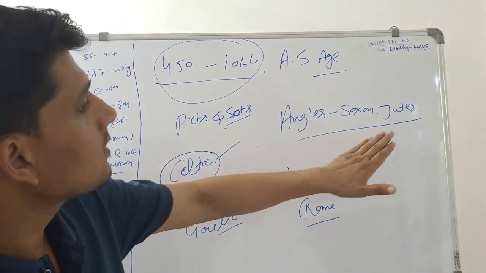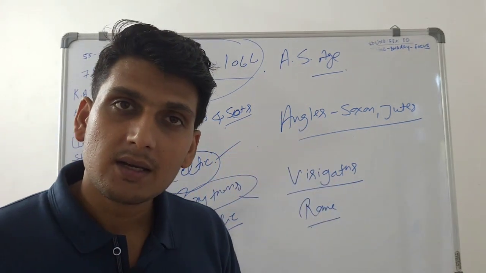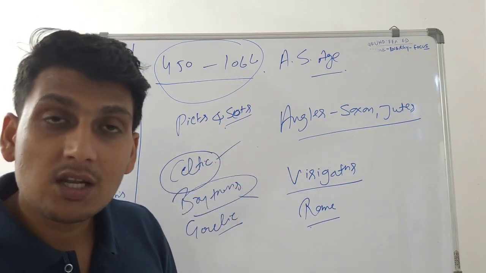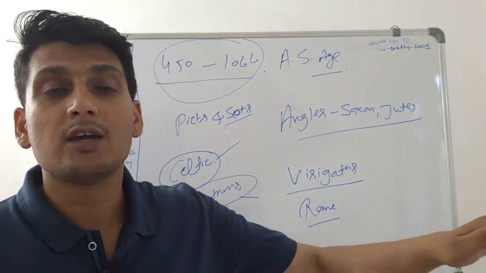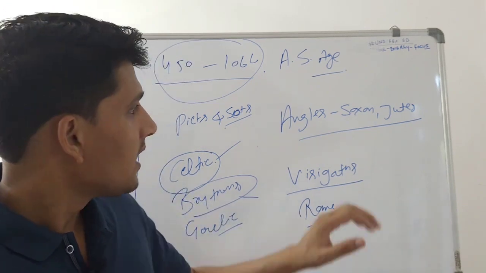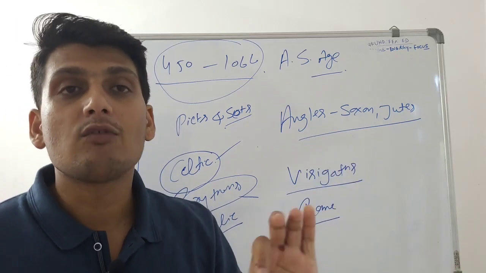So the Angles, Saxons and Jutes defended them from the Picts and Scots, but they also drove the Celtics, the original inhabitants, from their own land to Wales, Scotland and other places, and themselves took hold of the land of England.